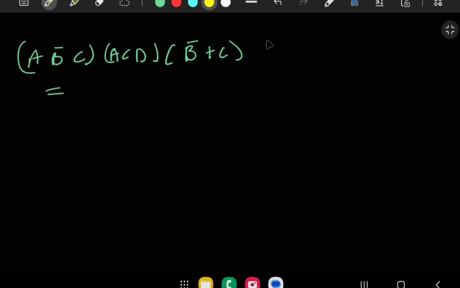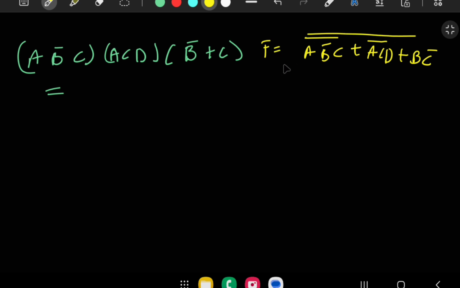About this one, where f equals (a b bar c) whole bar plus a c d bar plus b c bar, and then this whole bar. So this is how you can get from here.